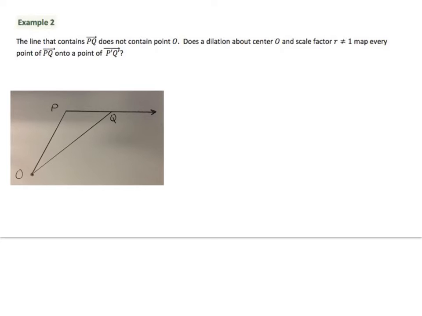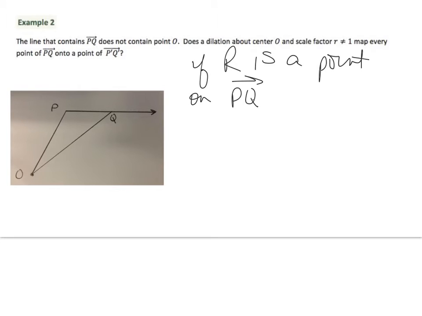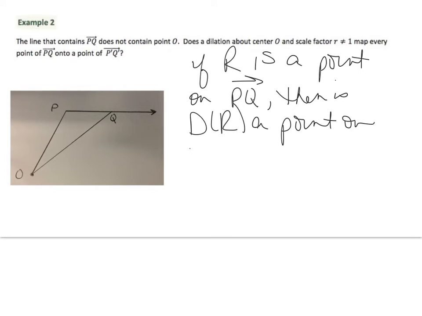What we're trying to get to here is, if R is a point on ray PQ, then is the dilation of R a point on ray P prime Q prime?